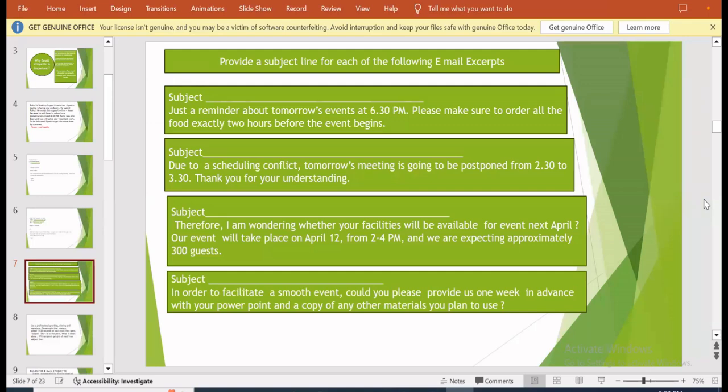In order to facilitate a smooth event, could you please provide us one week in advance with your PowerPoint and a copy of any other materials you plan to use? Tell me.